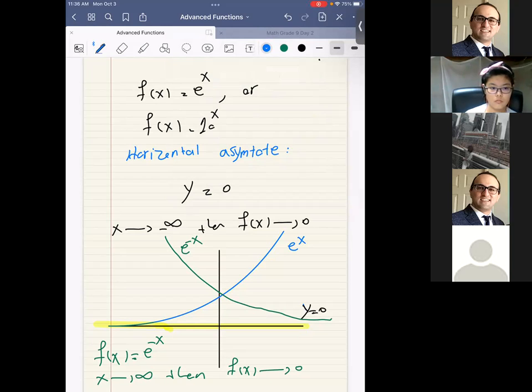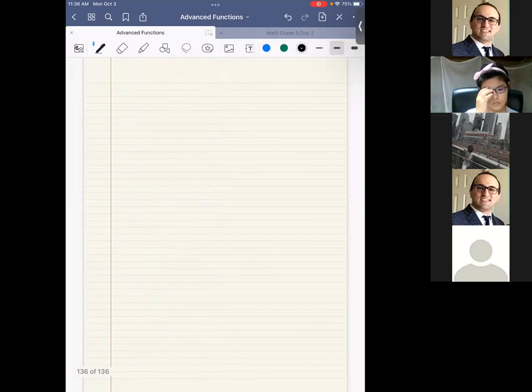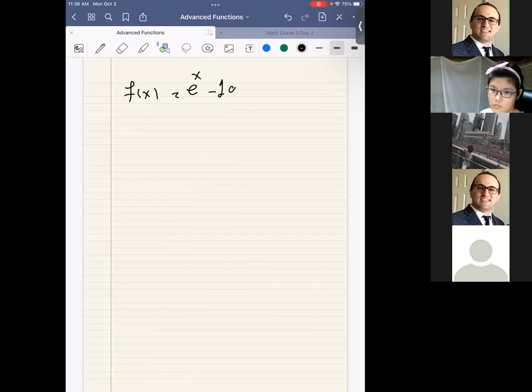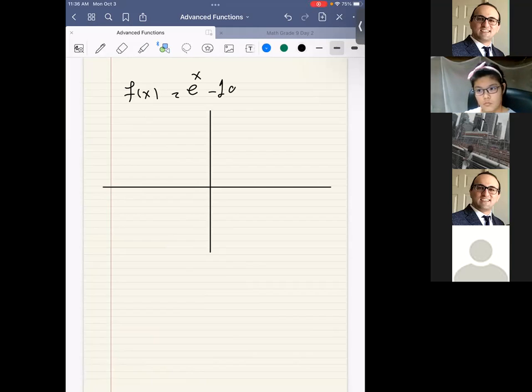Now, if I ask you, what is the range of f of x equal to e to the x minus 10? Then what is the horizontal asymptote of this function?